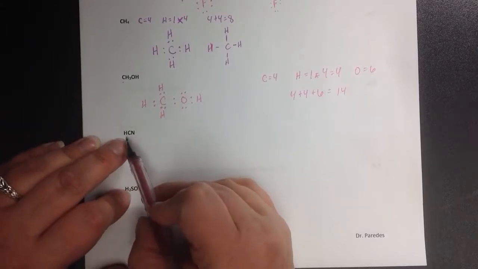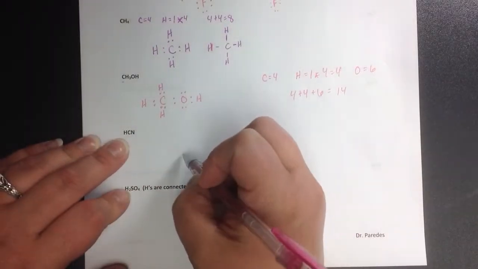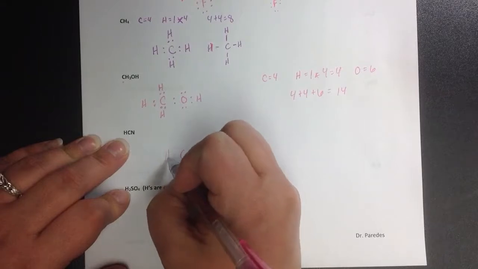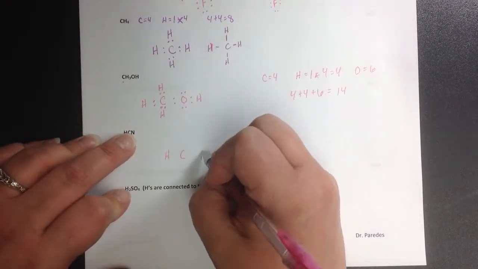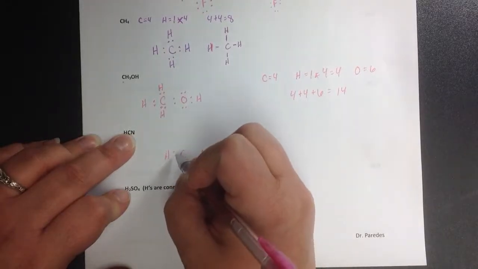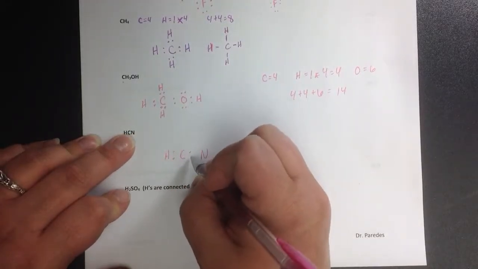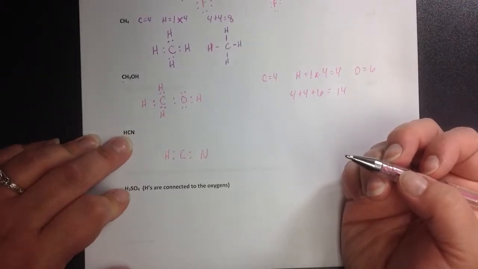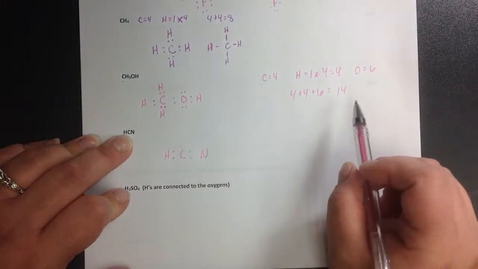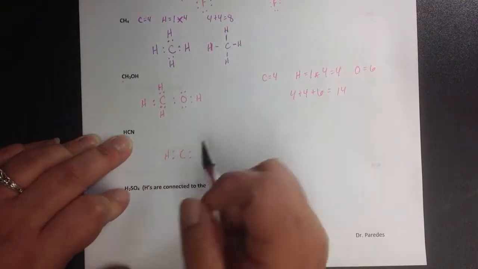This next one's not as easy. You see how the H is next to the C? Again, that's telling you that carbon and hydrogen are next to each other. And the only other thing here is nitrogen. So let's start by making them like this. But wait a second, we forgot to total up our number of valence electrons. So let's do that real quick.